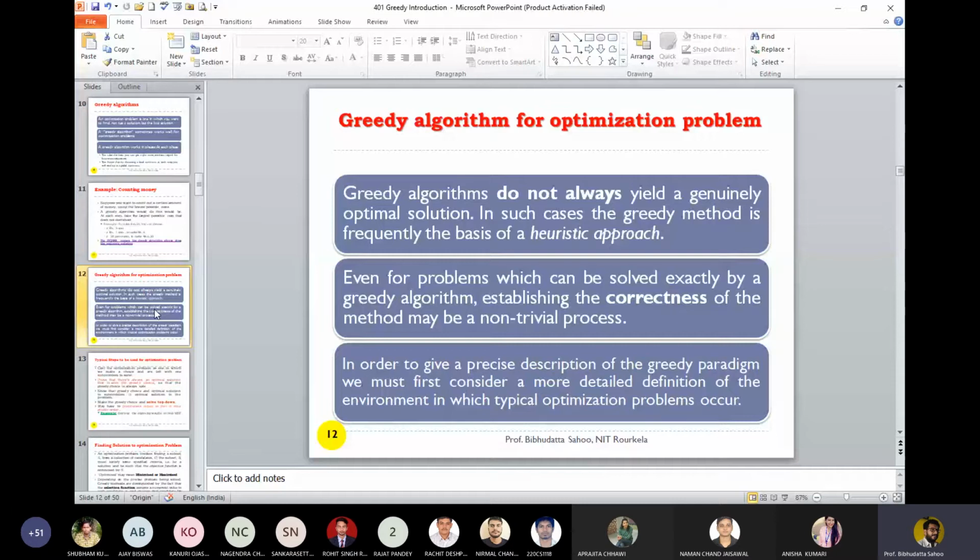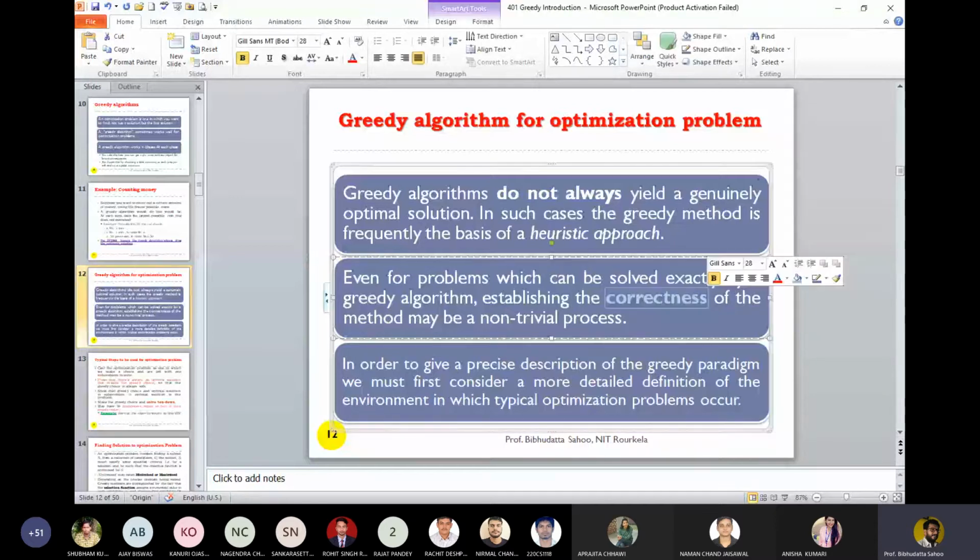So even for problems which can be solved exactly by a greedy algorithm, establishing the correctness of the method may be a non-trivial process. That means we have a section which will study how to prove the algorithm to be correct. You have written down the algorithm, you are proving its correctness, and then you go for the implementation.